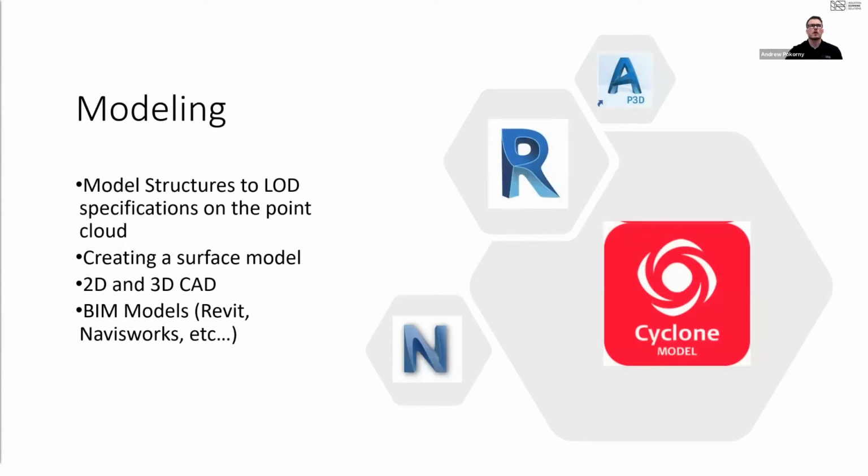We talked a little bit about modeling earlier, but we'll talk more about it. When we get a project and generate this point cloud based on the raw scan data, we can bring that point cloud into a whole range of programs to generate a 3D model of the work site.